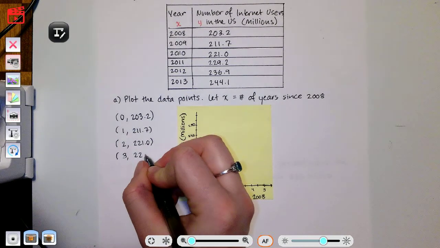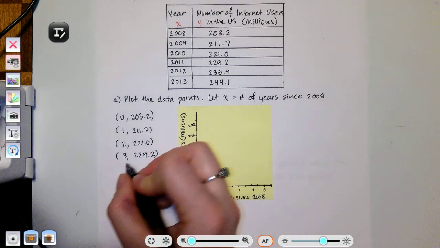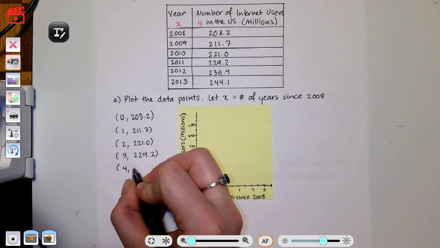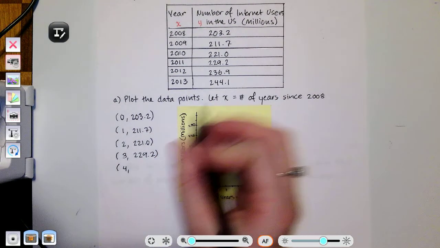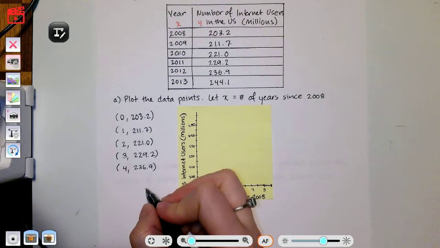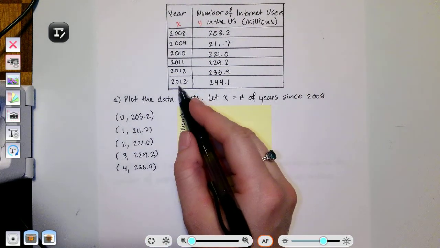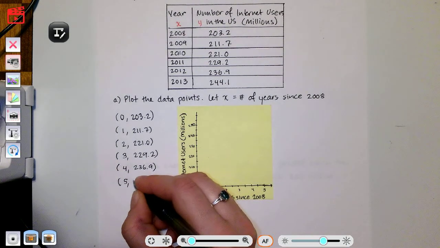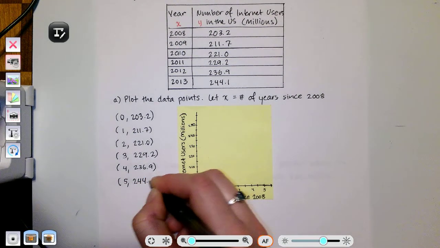Matching value is 229.2. 2012 is 4 years. Matching value, 236.9. And last one, 2013, 5 years since 2008.